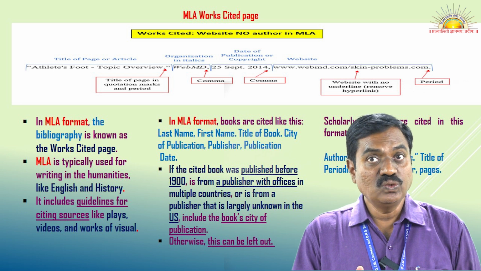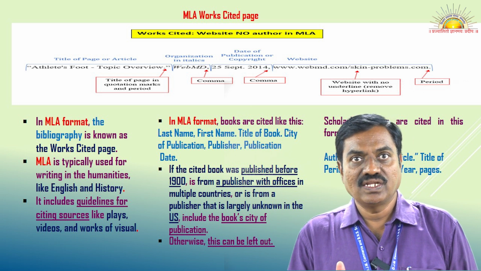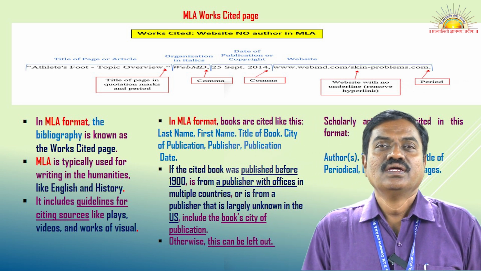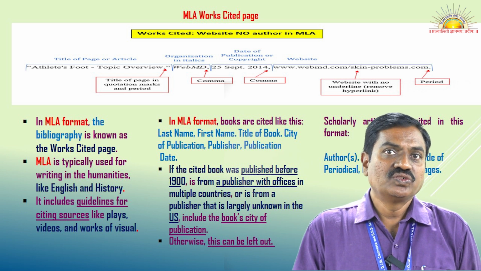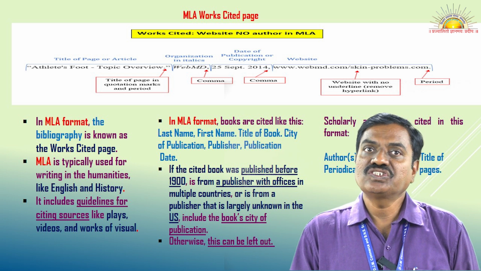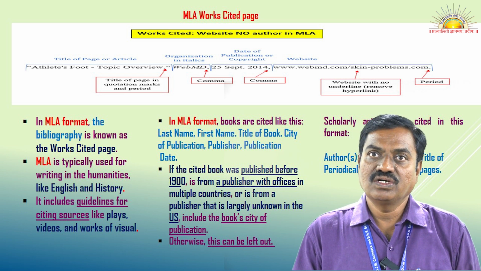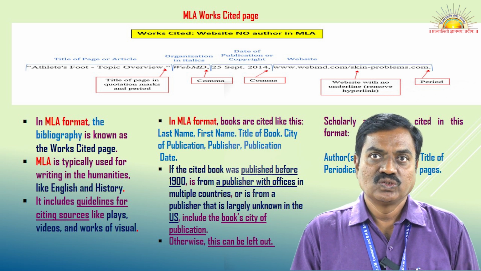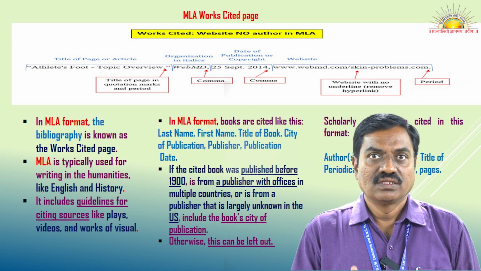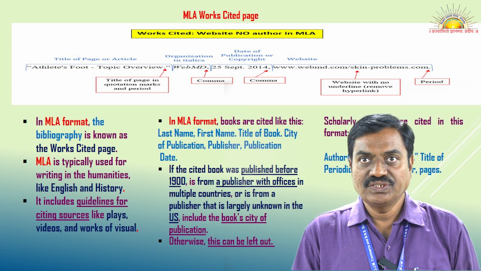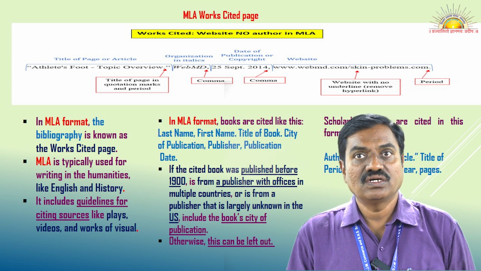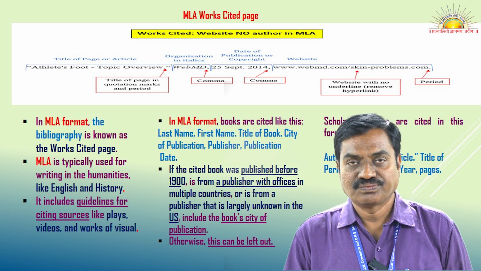MLA is typically used for writing in the humanities like English and history. Because of this, it includes guidelines for citing sources like plays, videos and works of visual art. These are sources we find while consulting for these courses, but probably not in science and business courses.